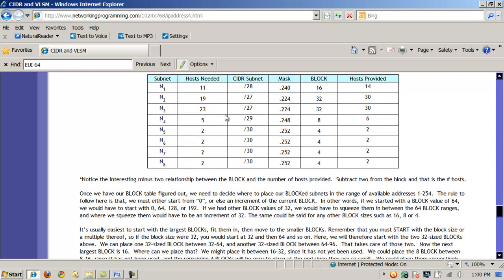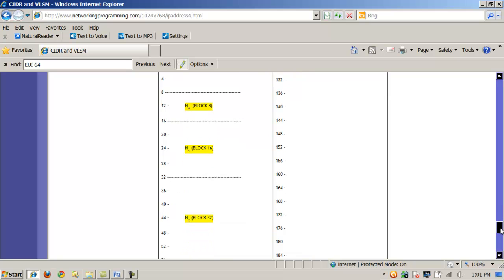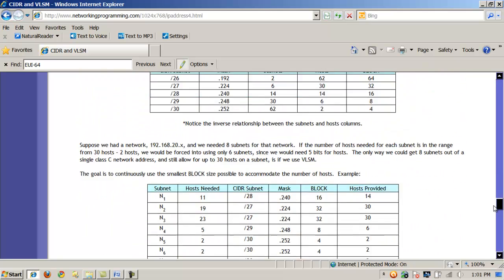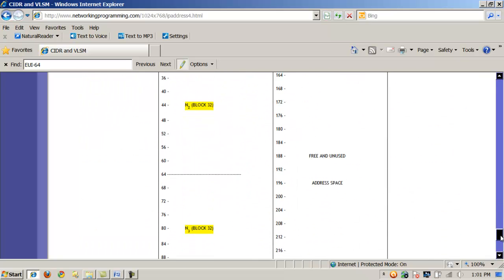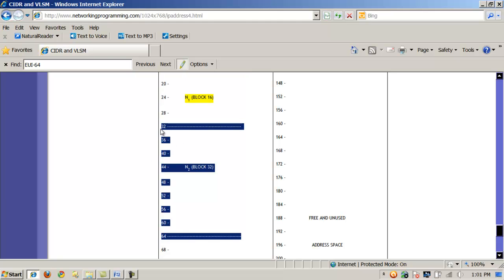And then what's the next largest one? N2 and N1 are the next 2 largest blocks. N2 is based on 32, and N1 is based on 16. So let's look at N2. There's N3, there's N2, and here's a range of 32 here.